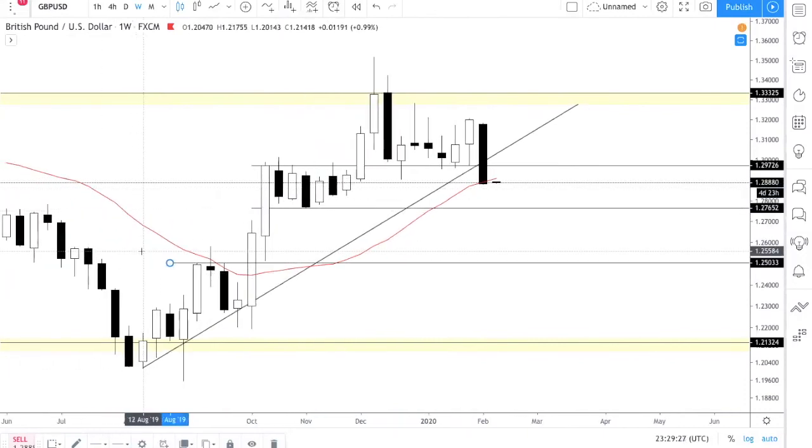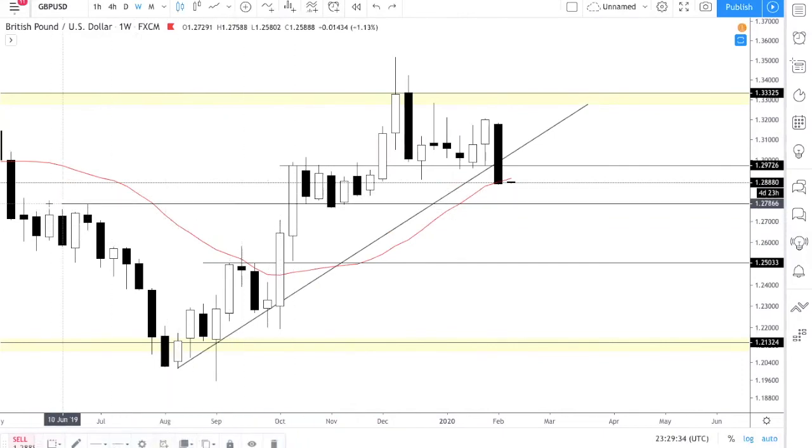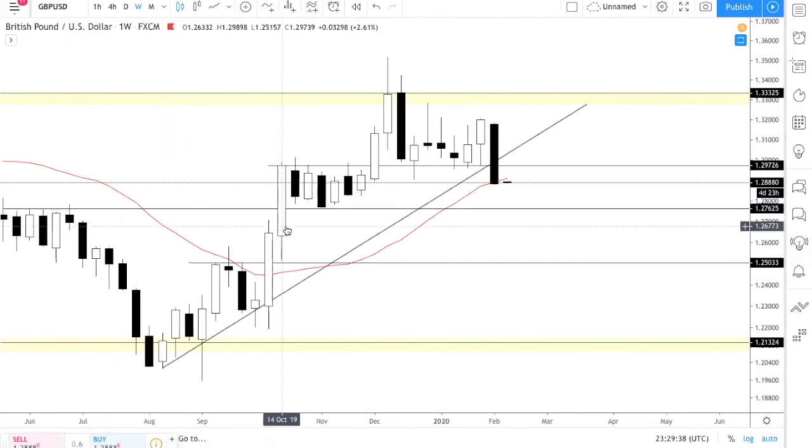Just marking these zones. Beautiful. So strong weekly engulfing managed to engulf 1, 2, 3, 4, 5, 6 weeks of price action. We managed to break back through this consolidated region here.